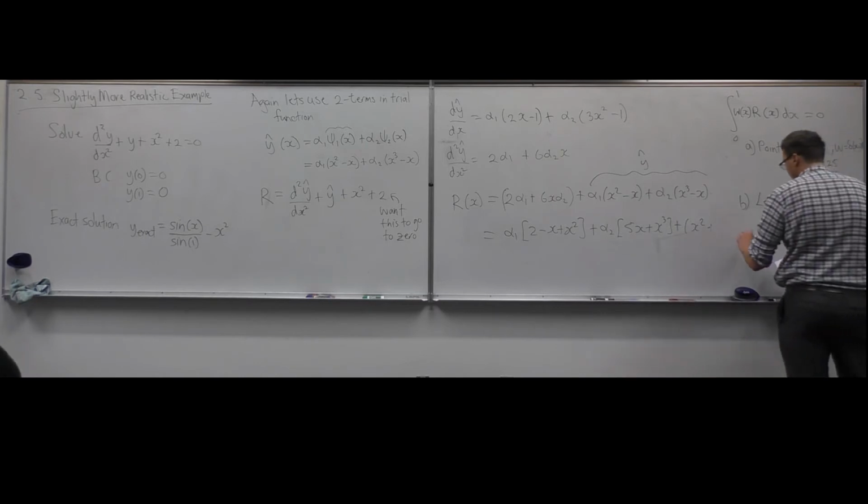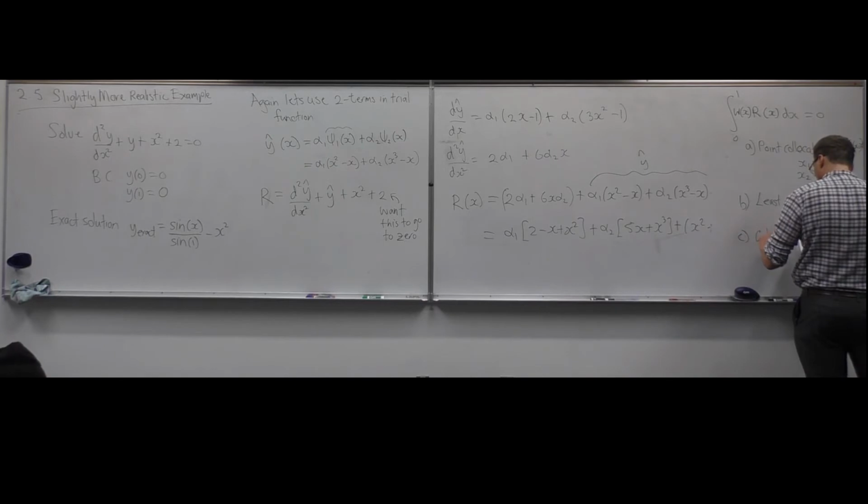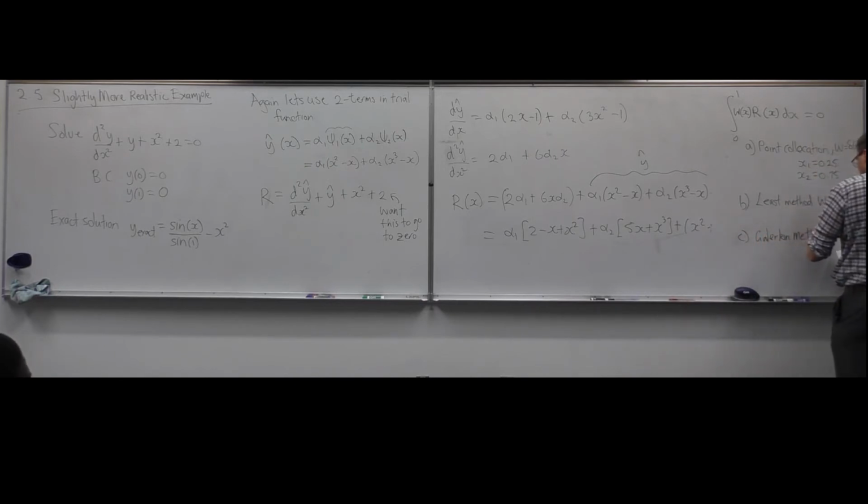And then C, we're going to use the Galerkin method. Let me write this out a bit more clearly. For point collocation, W i is equal to delta of x minus x i.